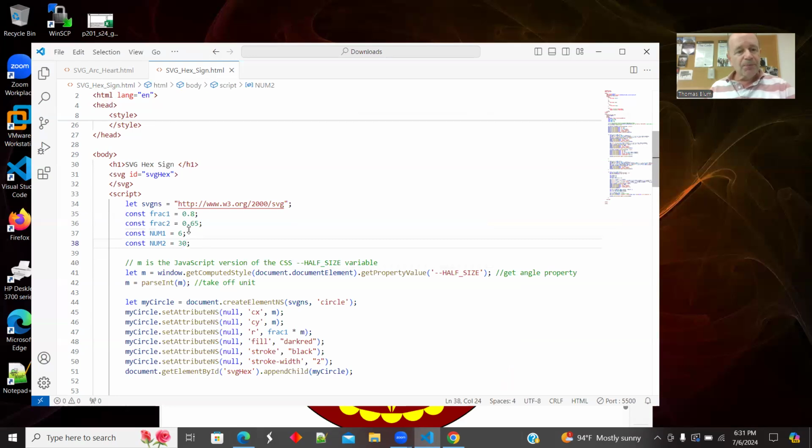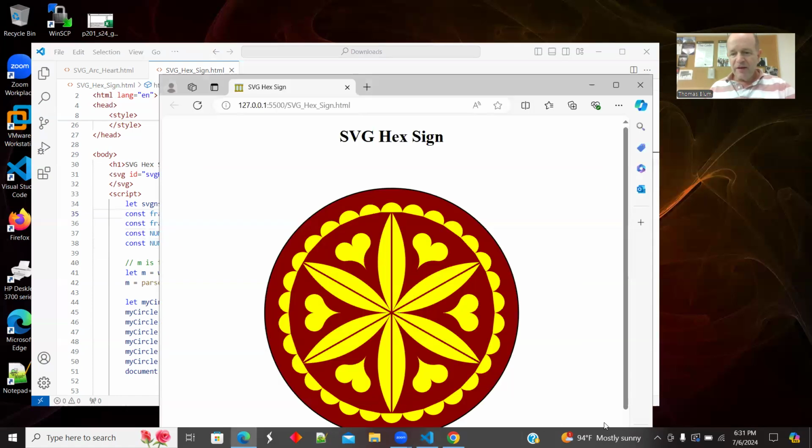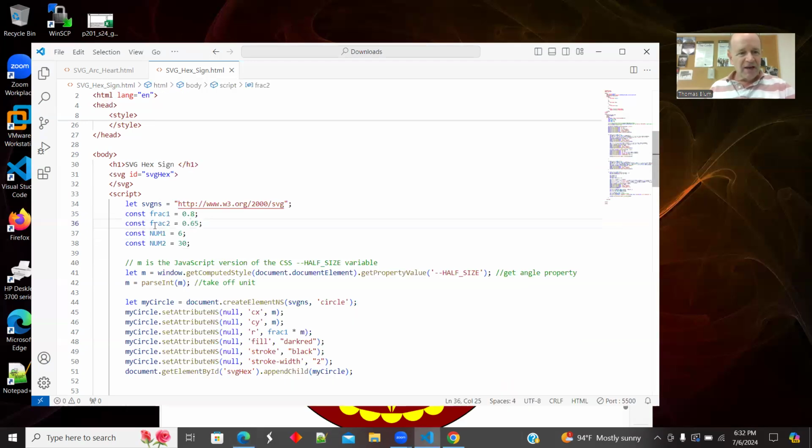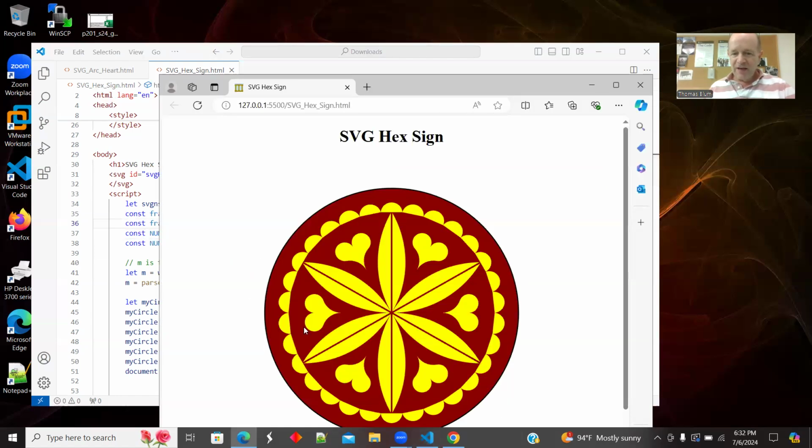Okay. And these are some fractions. The outer fraction is how big the sort of outer circle is within the whole SVG element. And then this fraction is more related to this sort of inner circle. And I'm not really drawing that inner circle. In fact, it's more of a 30-sided polygon or something.